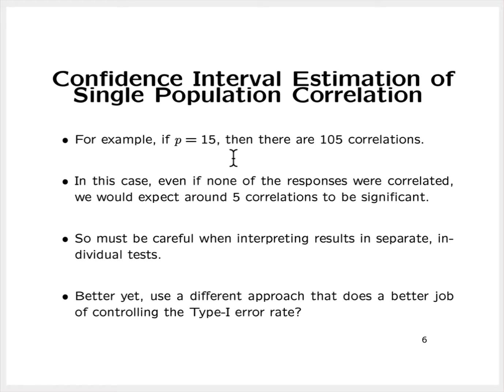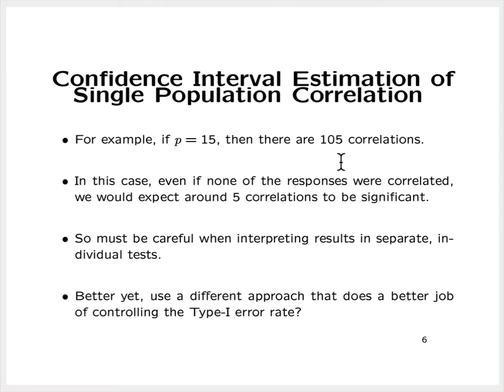So instead of performing each of these 105 tests at the 5% significance level, perform each one at a significance level equal to 0.05 divided by 105, or you could ballpark it and perform each one at a significance level of 0.05 divided by 100, which would be 0.0005.